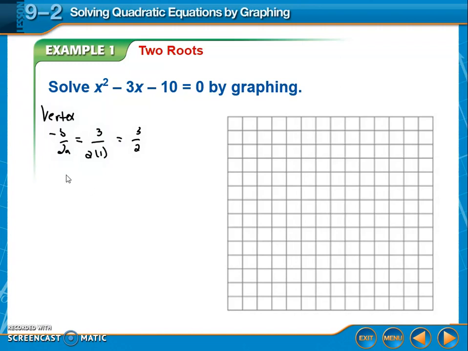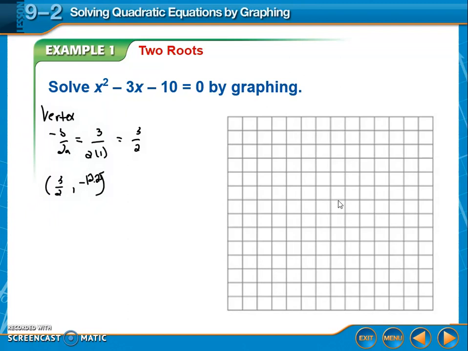That gives me the x-coordinate, 3 over 2, and I need to know the y. To figure out y, I'm going to plug 3 over 2 into my equation. You can use your calculator to do that. I get negative 12.25. So that's my vertex, and from there it's going to be opening up.